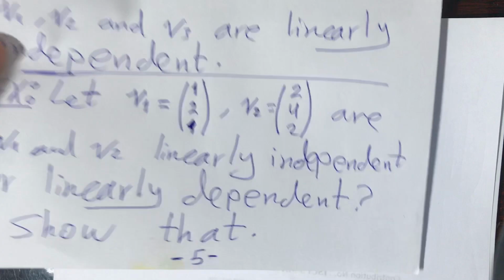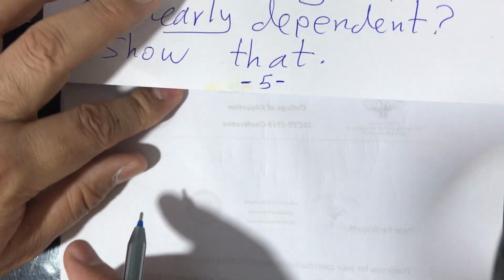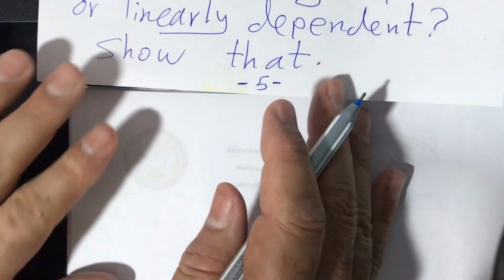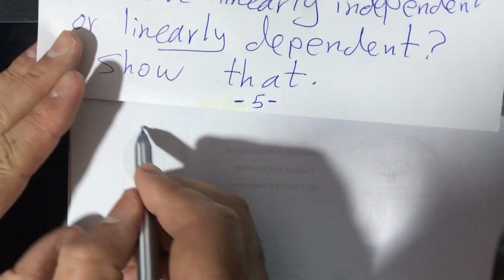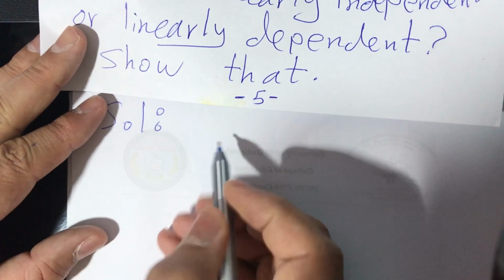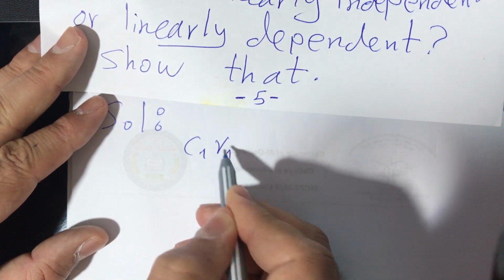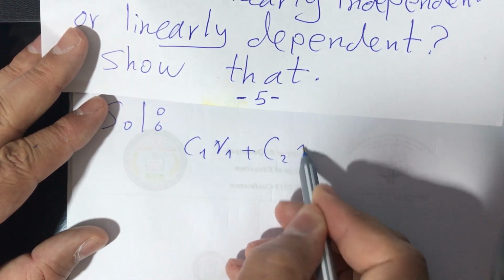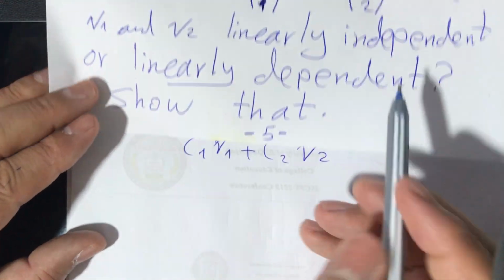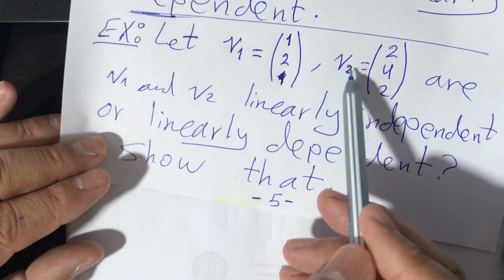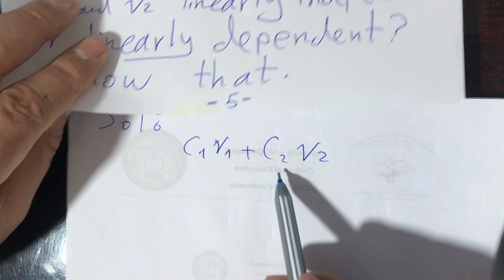Now we try to do it also the same by using Gauss-Jordan elimination. This is V1, V2 and solution. C1 V1 plus C2 V2, because it's just two vectors, V1, V2, so we need just C1, C2.